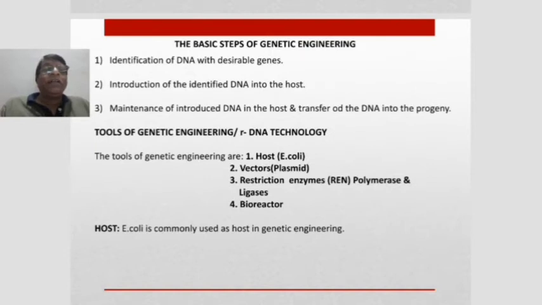This gene we must isolate from the DNA molecule. How to isolate the gene from the DNA molecule, we will discuss later in detail. But now, in brief, if the DNA is treated with a special type of enzymes called restriction endonucleases that cut the DNA molecule, we may obtain the desirable gene.